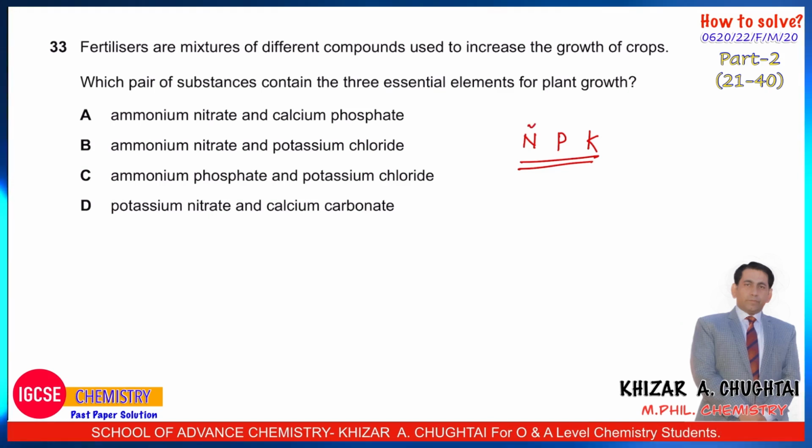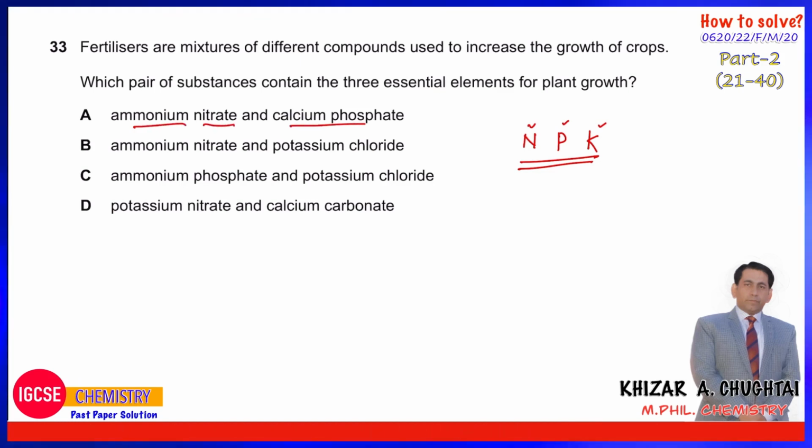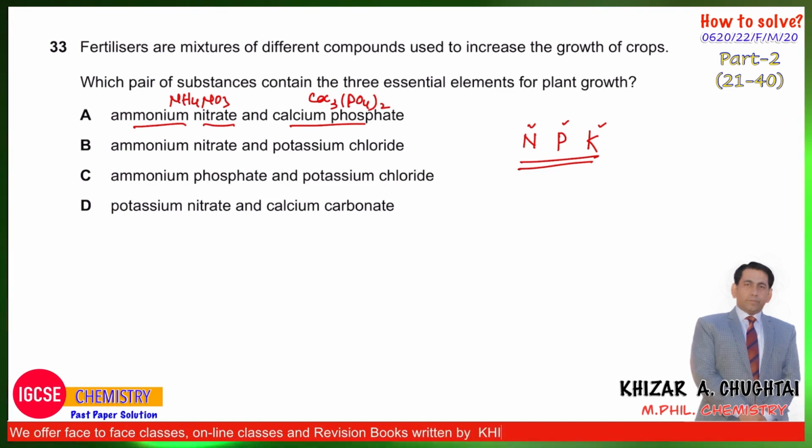N for nitrogen, P for phosphorus, K for potassium. Ammonium nitrate, NH4NO3, and calcium phosphate, Ca3(PO4)2. There is no potassium. Yes, there is no potassium.